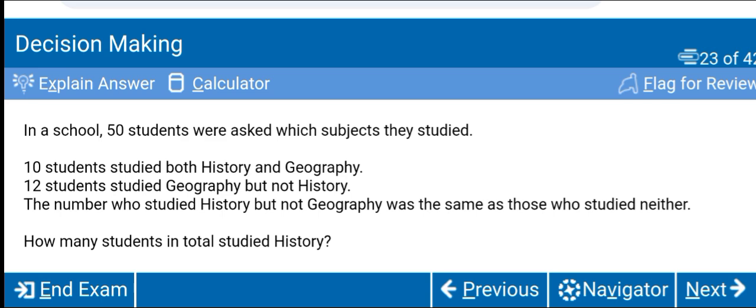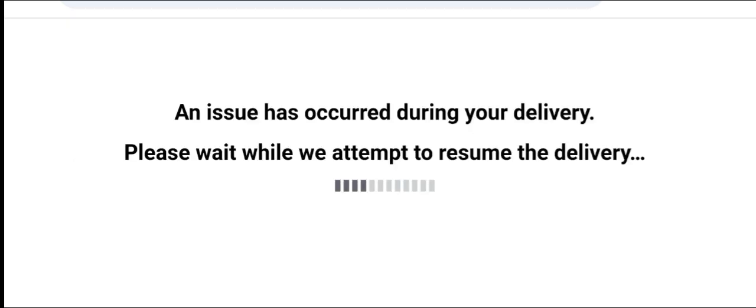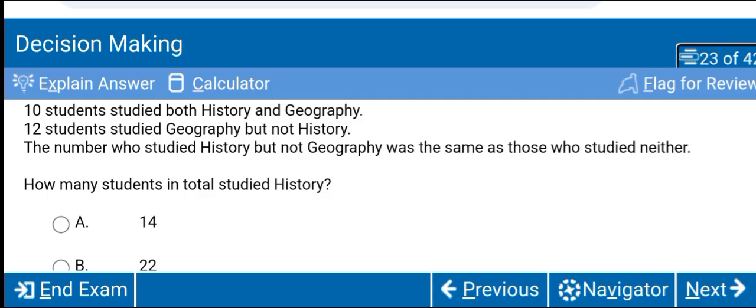In our school, 15 students were asked which subjects they studied. 10 students studied both history and geography. 12 students studied geography but not history. The number who studied history but not geography was the same as those who studied neither.